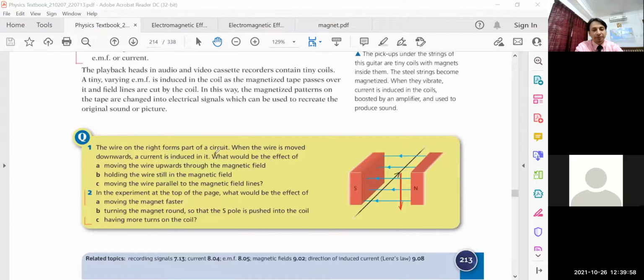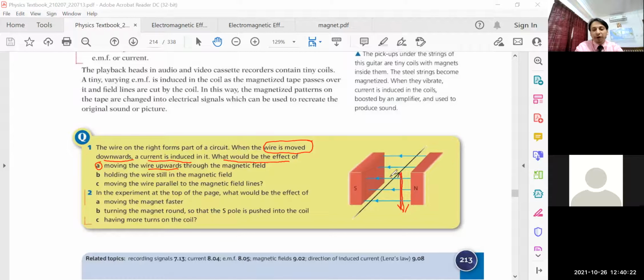The wire on the right forms part of a circuit. When the wire is moved downwards, that's the red sign here, a current is induced. Okay, current is there. What would be the effect of, in part A, moving the wire upwards?